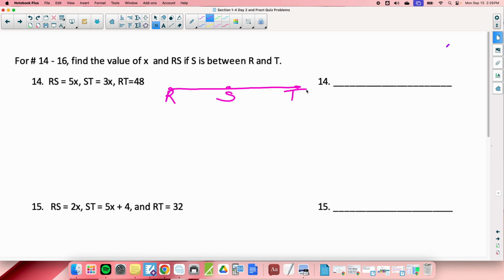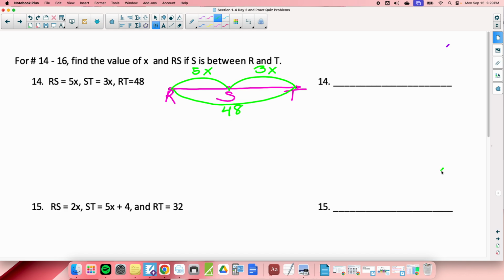You can't assume it's halfway in between. Now, here's what this says. From R to S is 5x. From S to T is 3x. And from R to T is 48.